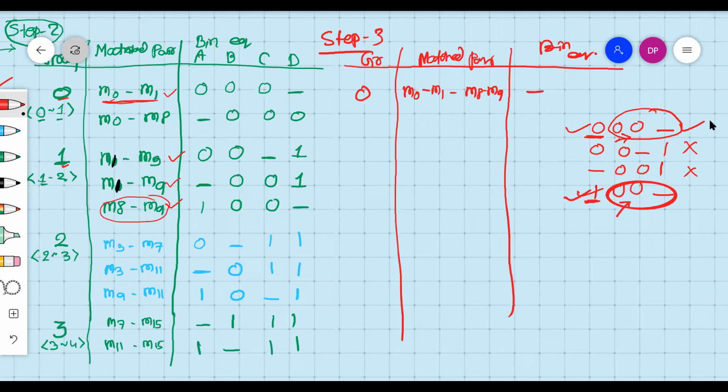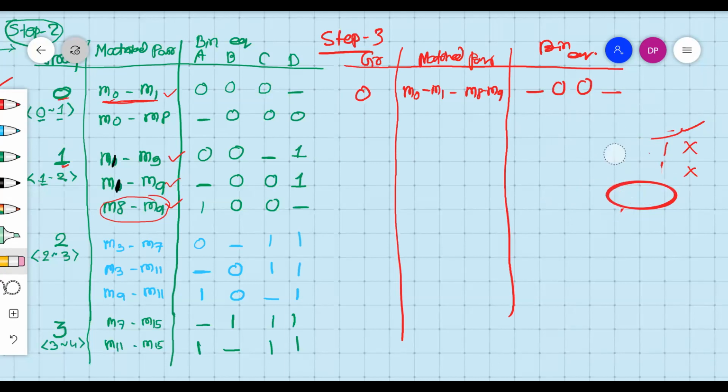So for the first one there is an underscore, then 0 0. The last one already has an underscore, right?